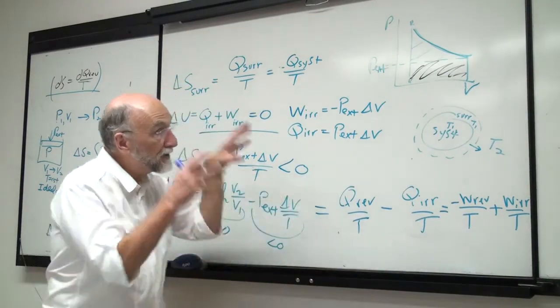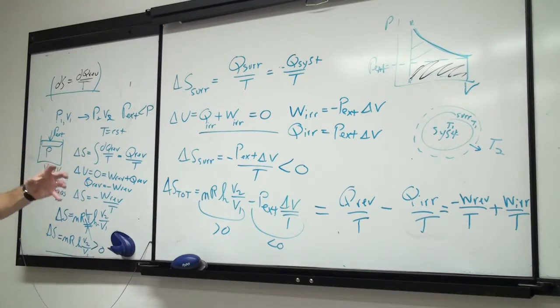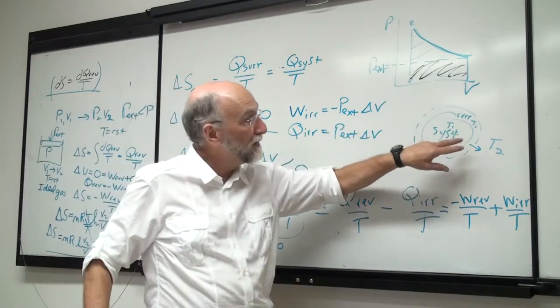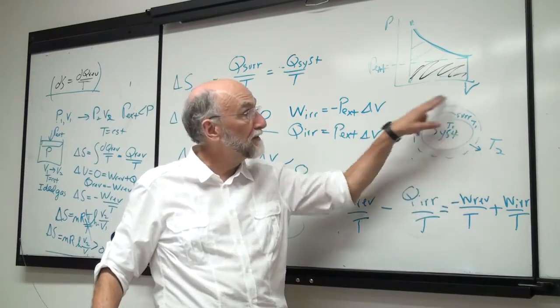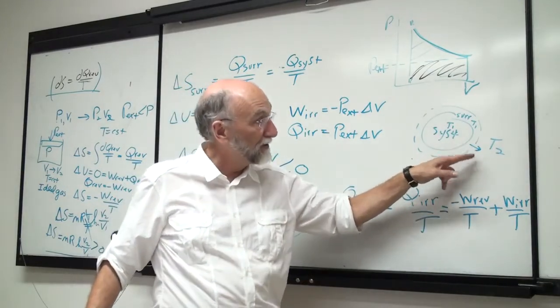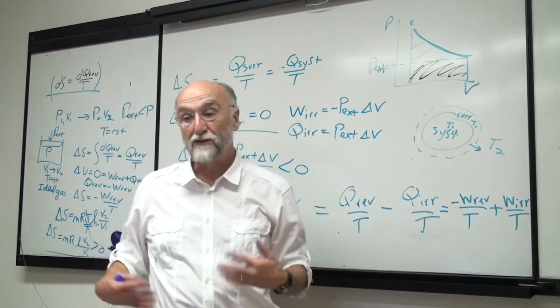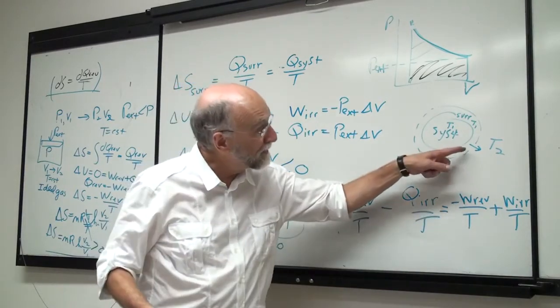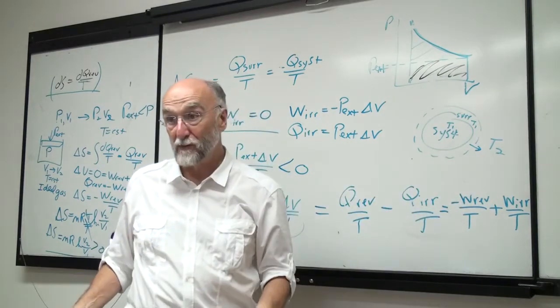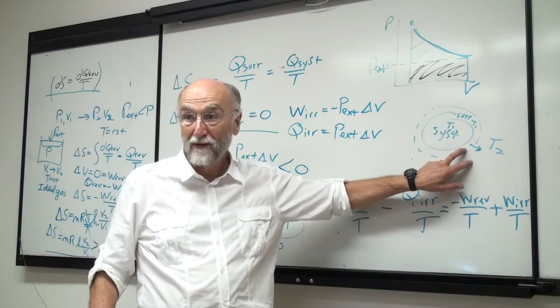We're only considering the process going on in the system, and in that case we're considering the transfer to the surroundings at the same temperature as the system, in which nothing happens but a transfer of heat. If anything else goes on outside the system that's irreversible, then that's a separate process. The transfer of heat from T1 to T2 is an irreversible process, and that's a separate irreversible process.